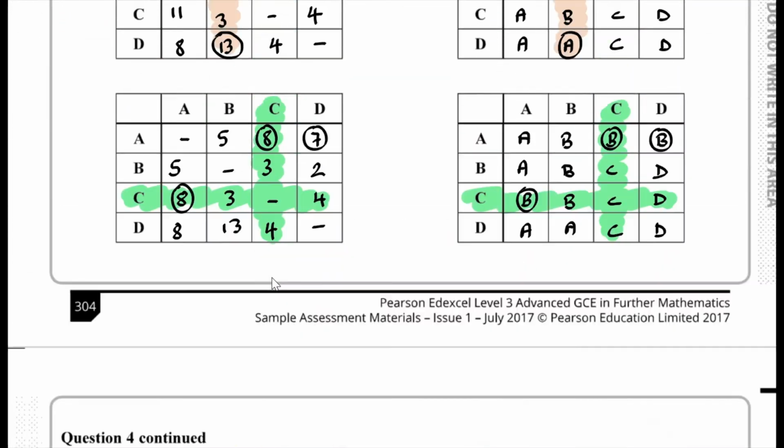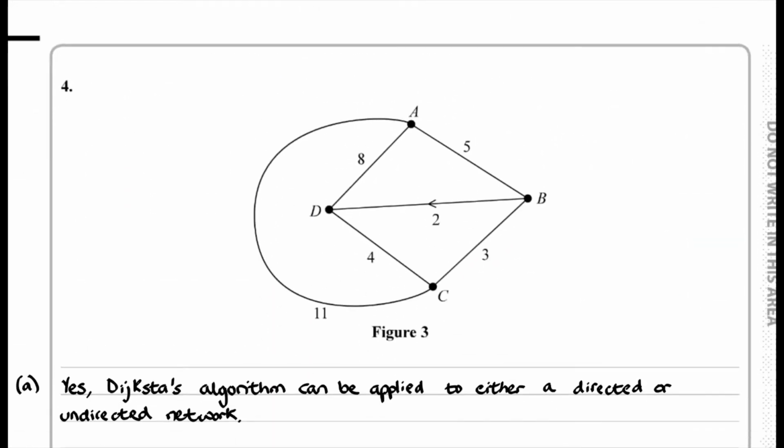And if you go back over here, does that make sense to do that? So what I'm saying so far is we start at D, we go to C, and then from C we go to B, and then what I'm suggesting is we go back to C to go back to A. That's quite long. So instead, whilst we're at B over here, we can go directly to A. So hopefully that makes sense as to why we don't go back to C from B, because that route will be 3 plus 11.